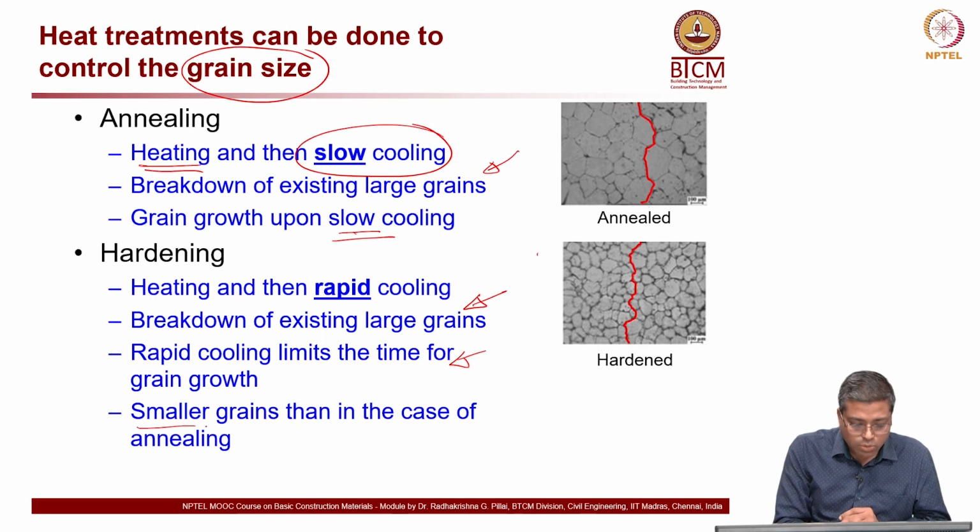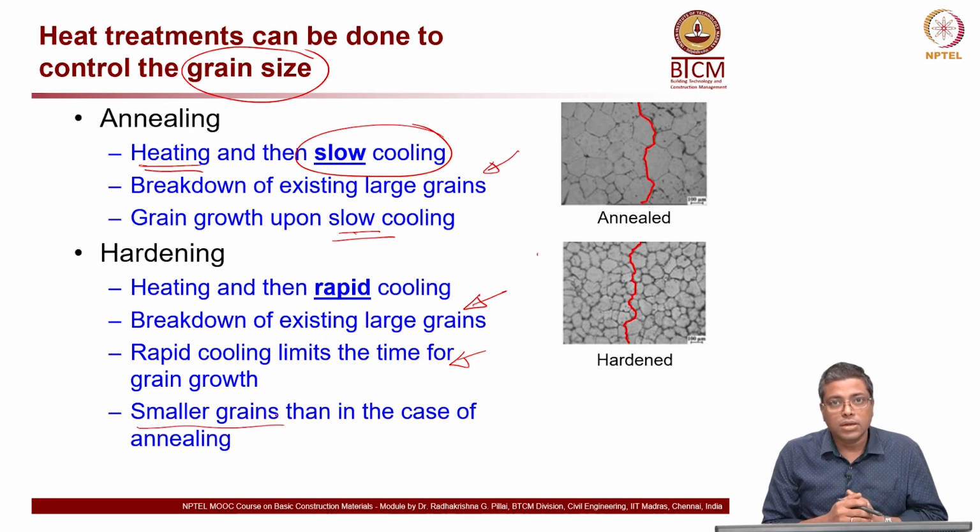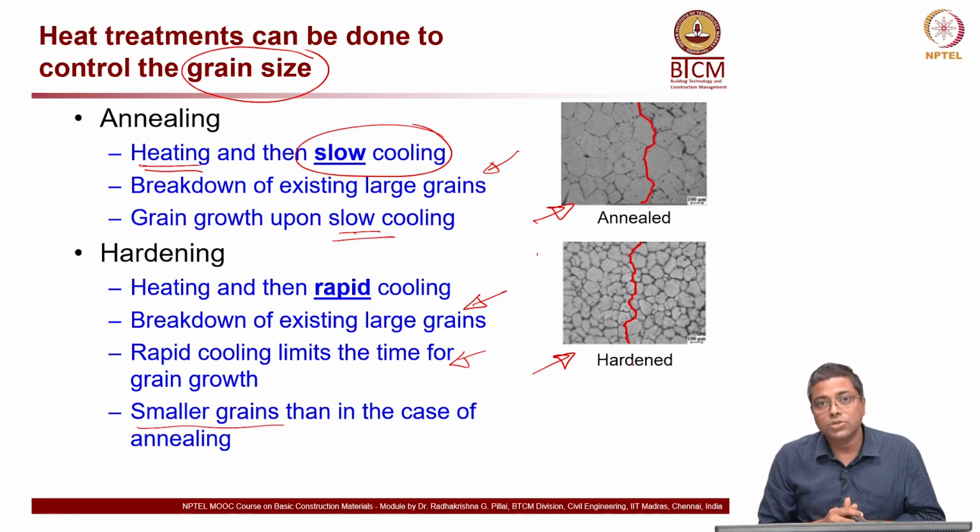Now when you have smaller grains than in the annealing case, you might expect it to behave in a different way. Here you have larger grains finally. This hardened one will probably need more energy to deform or crack, because of the length of the grains.